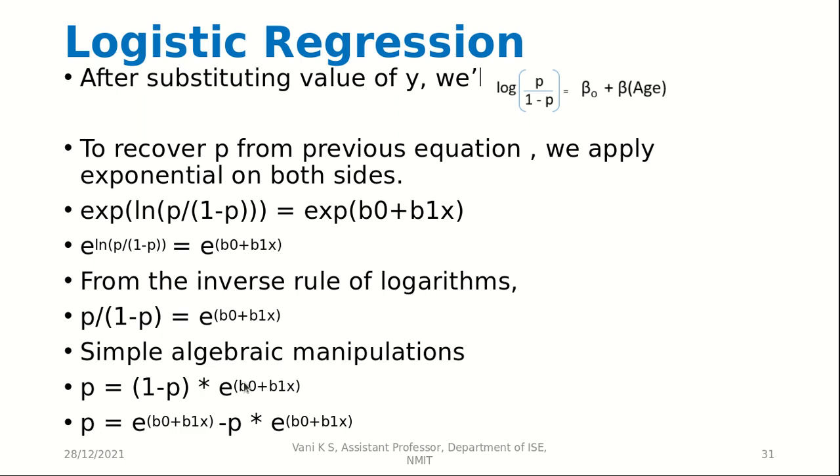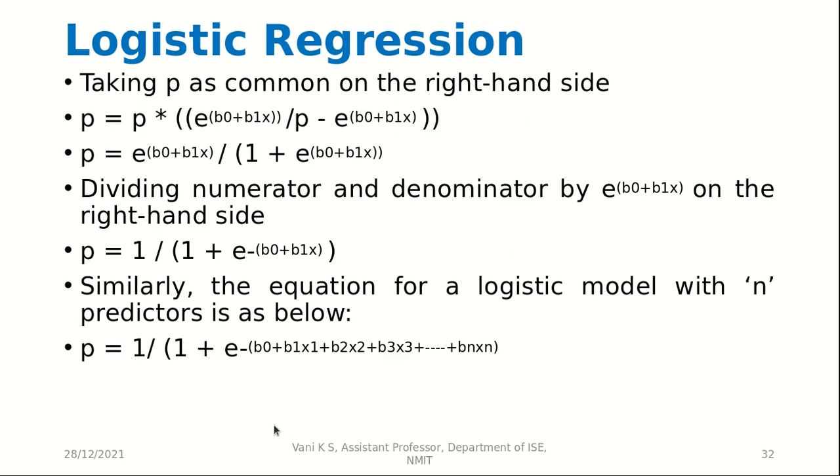Then again we open the brackets and we get this equation, and then we take p as common and we get this particular equation here. Then dividing the numerator and denominator both by e to the power b naught plus b1x, we get this equation here finally.